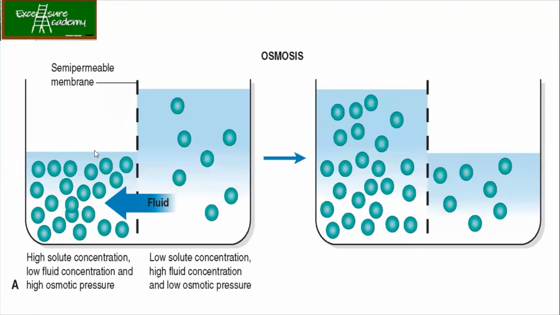So osmosis is there. You have got a semi-permeable membrane, and you can see it over here. So what do we see? The concentration of the molecule is high over here as compared to here, right? So here the water concentration is high.